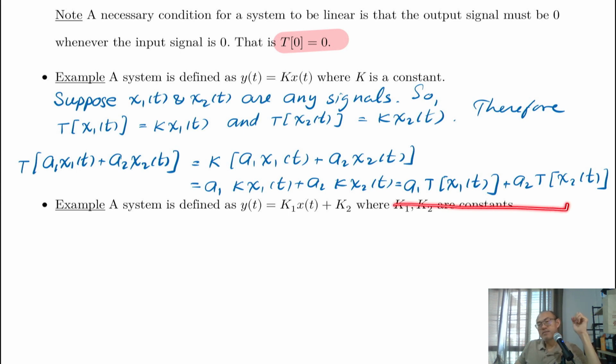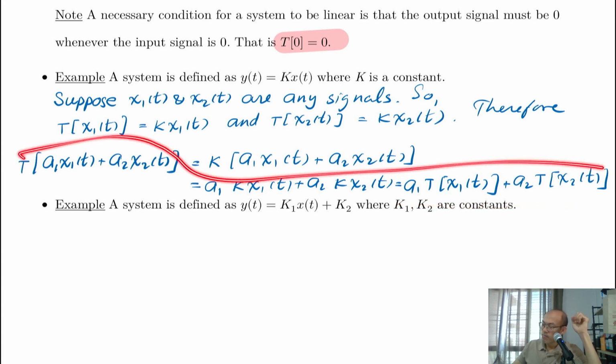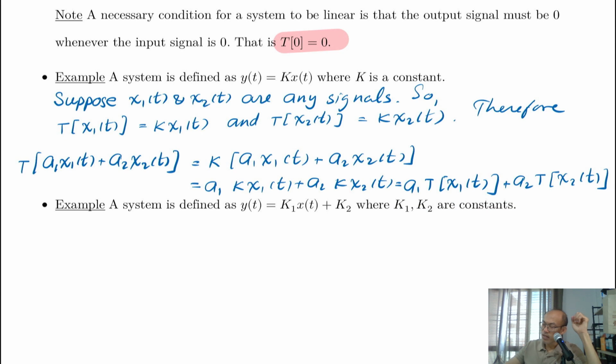Hence, this system is linear. Because this equation is true for any arbitrary x1 and x2, it follows that this system is linear.